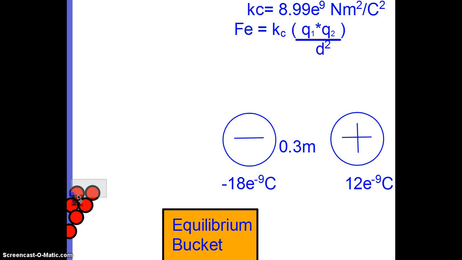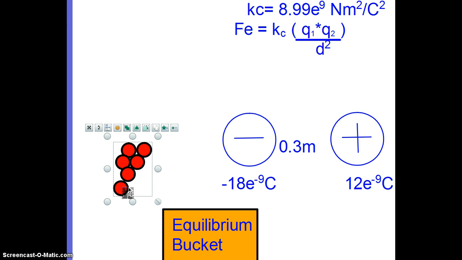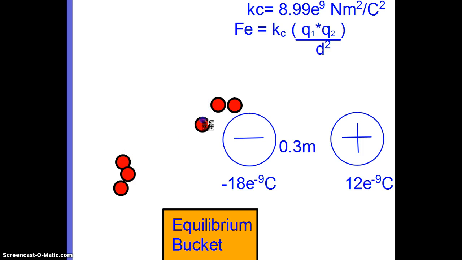That leaves us with a net. If you're trying to make an equilibrium between 18 and 12, that leaves us with a net of 6 left behind. If we distribute them evenly, that's -3 times 10 to the -9th and -3 times 10 to the -9th in equilibrium.